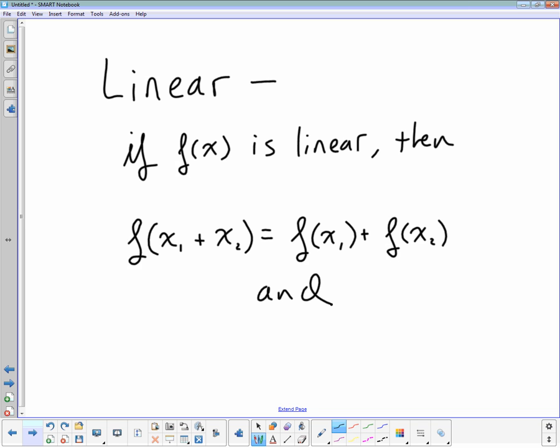Well, let's talk about this for just a hot second. So things that are linear, you can kind of, in a sense, go into the parentheses, okay? And I'm going to hop off for a second and go to a different slide. So copy this first, and then I'll show you that the things that you already know are nonlinear fail this, and the things that you already know are linear also fit this. Okay? And the other one is this.